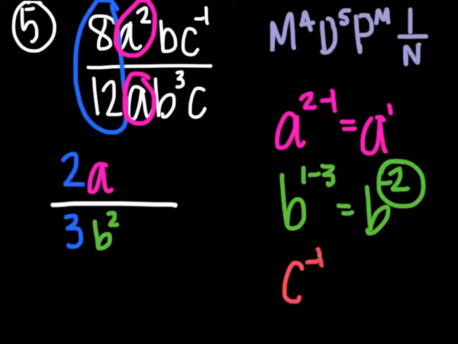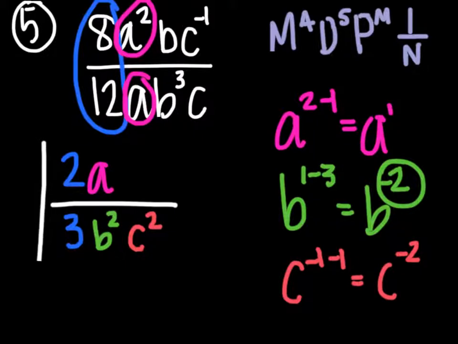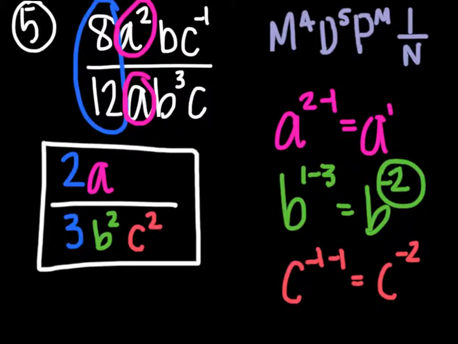C to the negative 1 minus 1 is c to the negative second. So that also will be on the bottom so that it is positive. Your final answer on number 5 should be 2a divided by 3 times b to the second, c to the second.